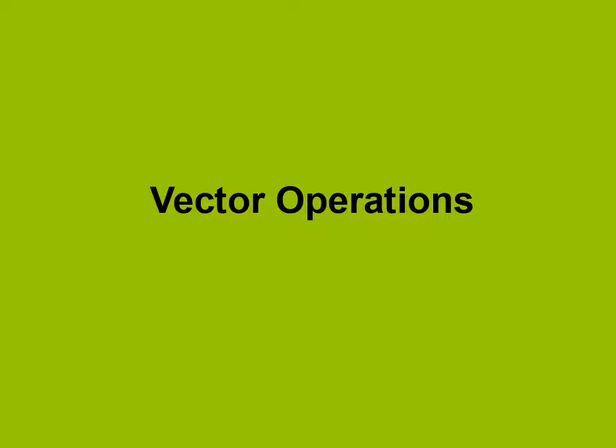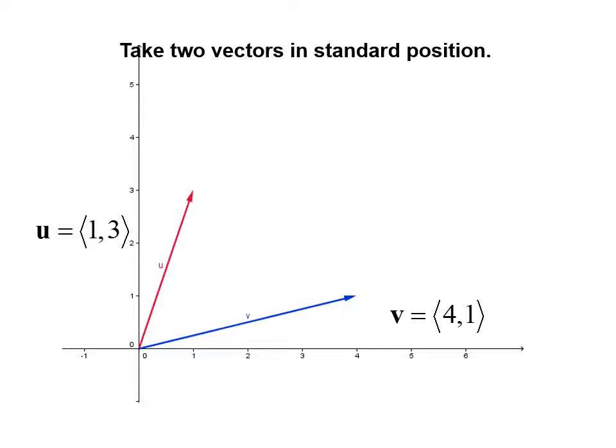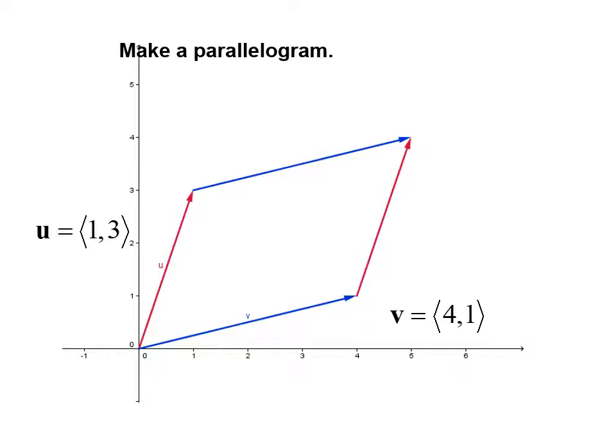So let's try some vector operations. Here we have the red vector designated u and the blue vector designated v, both drawn from the origin with the tails of the two vectors together at the origin. And we're going to construct a parallelogram.